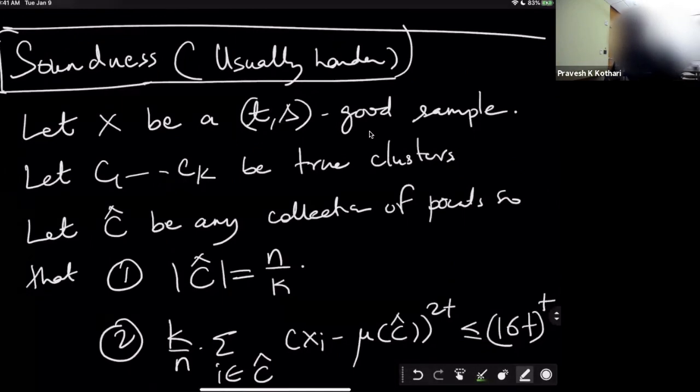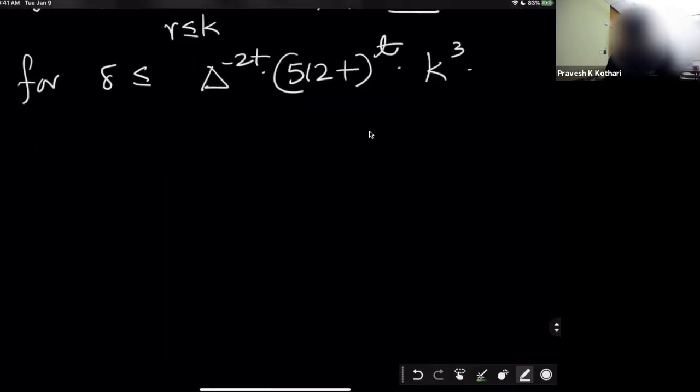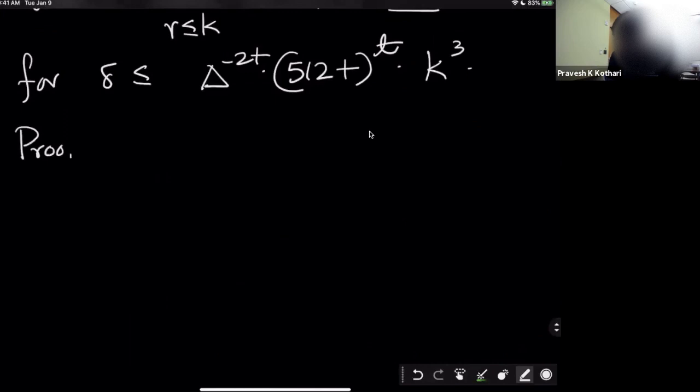Okay, no questions. Let's maybe do the proof of this soundness, and then we'll take a break. That would be a good stopping point. So let's prove this soundness.